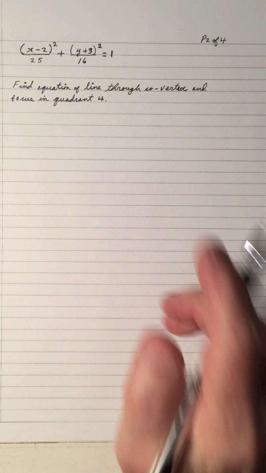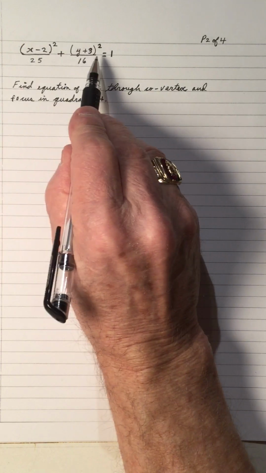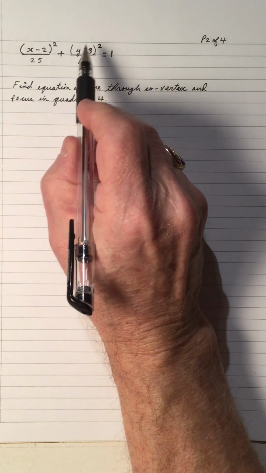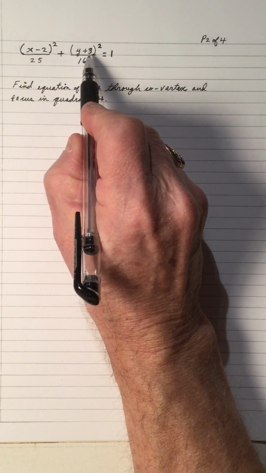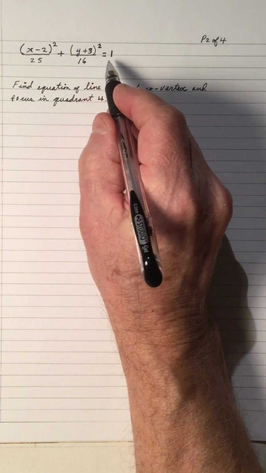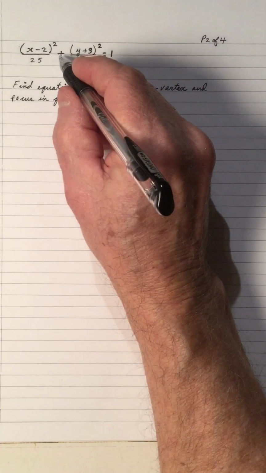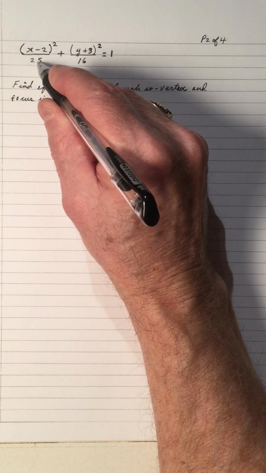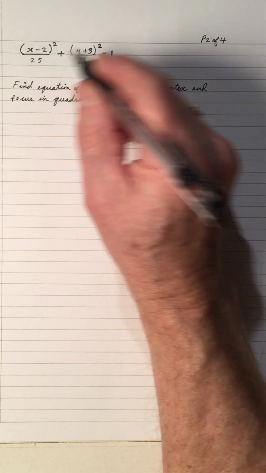So on this page we have a problem and we have an equation: (x minus 2) all squared divided by 25 plus (y plus 3) all squared divided by 16 equals 1. Notice there's a plus sign. We have a square and a square, this is a squared and this is b squared, and they're not the same.